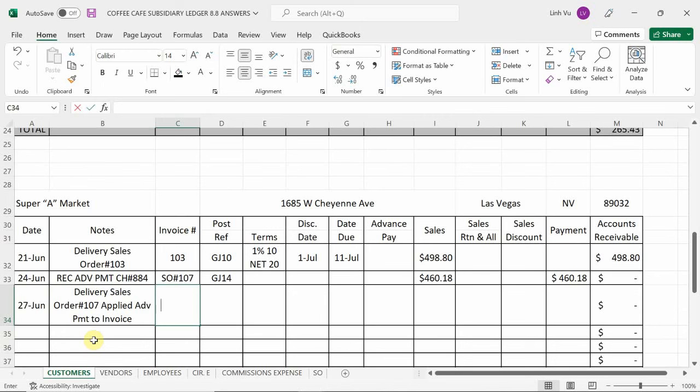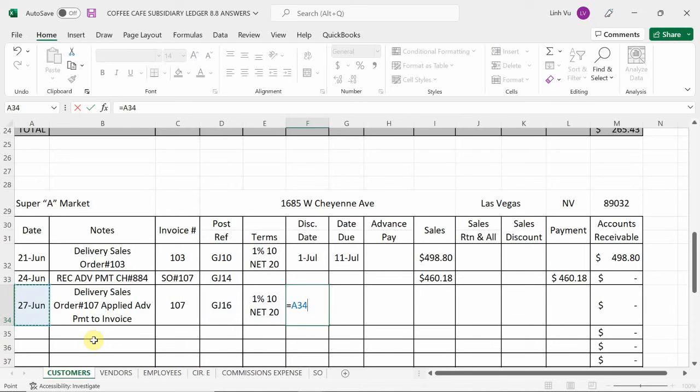Okay. For invoice number 107, it is the 16th journal. We gave them a 1% opportunity for 10 days. So again, 10 days from now is going to be the 7th of July. 20 days from now is the 17th of July.